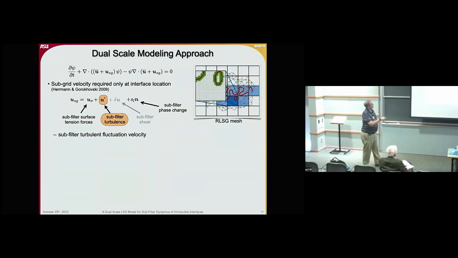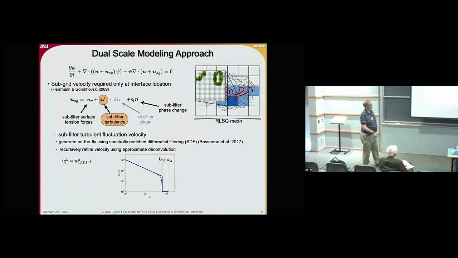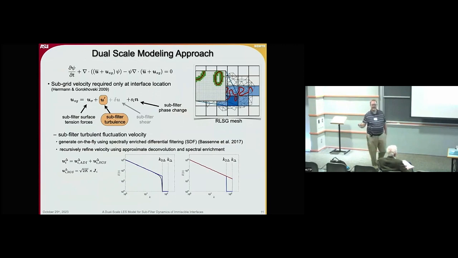The next component I want to talk about is subfilter turbulent fluctuation. And we generate those fluctuation velocities on the fly using a spectrally enriched differential filtering approach, the SDF method by Bassenne. Just a brief summary, you recursively refine your velocity using as a first step an approximate deconvolution, and then you use spectral enrichment here to fill in the scales that you have refined.